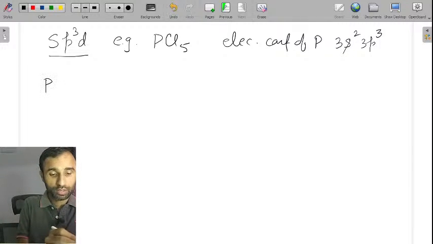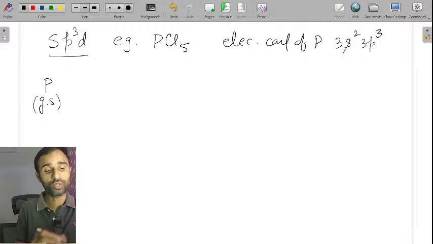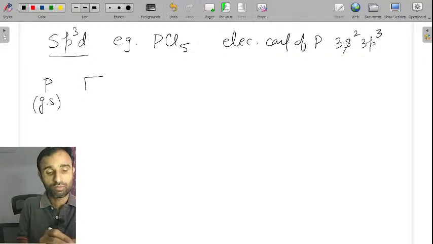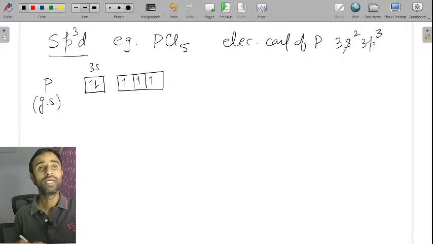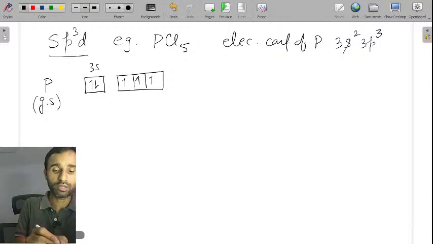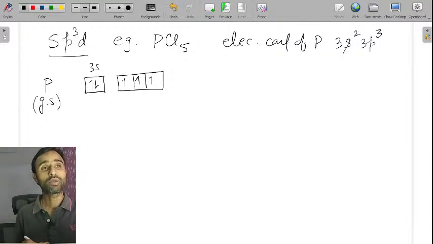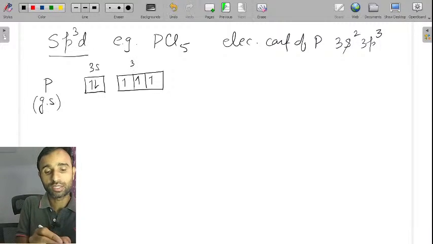So first we write the ground state of phosphorus: 3s2 and 3p3, right? In the ground state phosphorus has only 3 unpaired electrons, so it is able to form 3 covalent bonds with 1 lone pair, but we need 5 valence electrons.